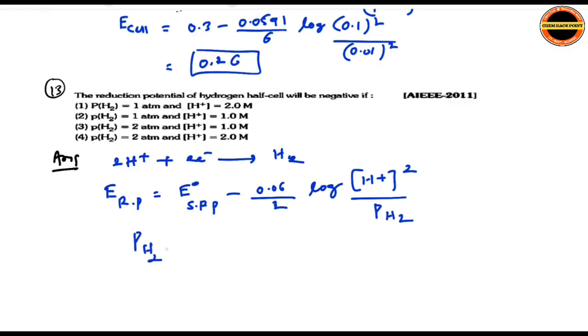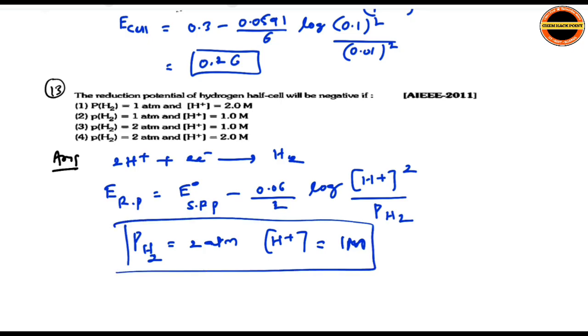So if partial pressure of H2 is equal to 2 atm and H plus is equal to 1 molar, under these conditions the reduction potential will be negative.